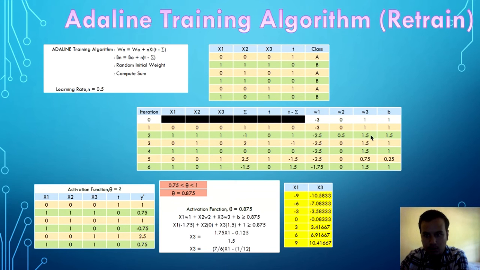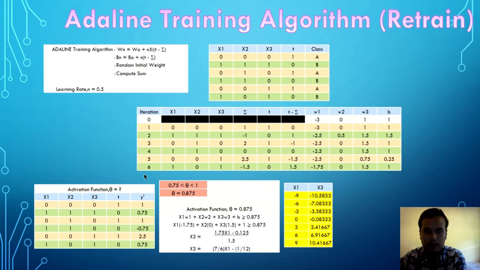So we got 1.5. Next is the bias. For the bias, this is the formula: B old equal to 1 plus N 0.5 times 1. So we got 1.5. The same method goes for iteration 3, 4, 5, and 6.